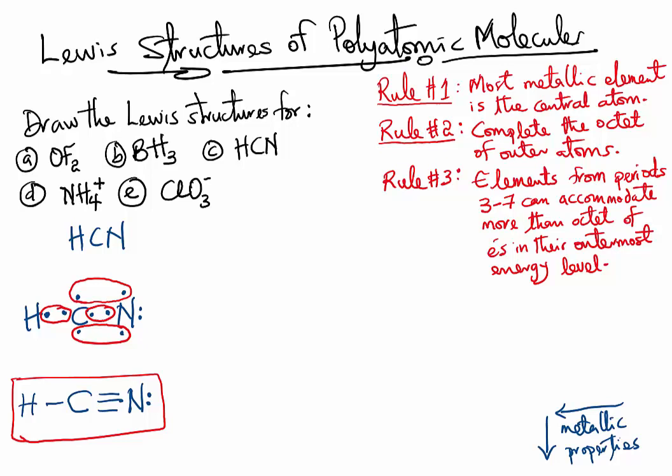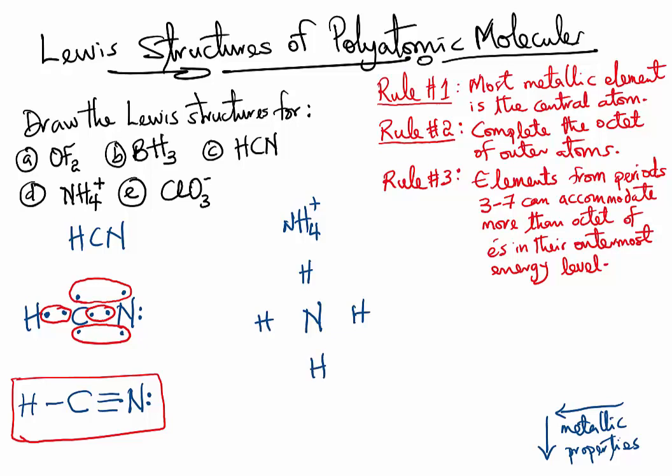Let us now move on to question D. We want to draw the Lewis structure for the ammonium ion, NH4+. Hydrogen cannot be the central atom. By default, nitrogen is the central atom, surrounded by the 4 hydrogen atoms.